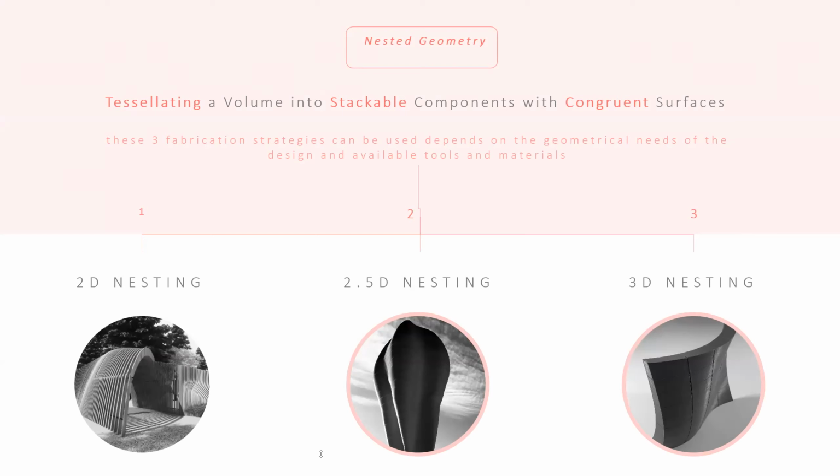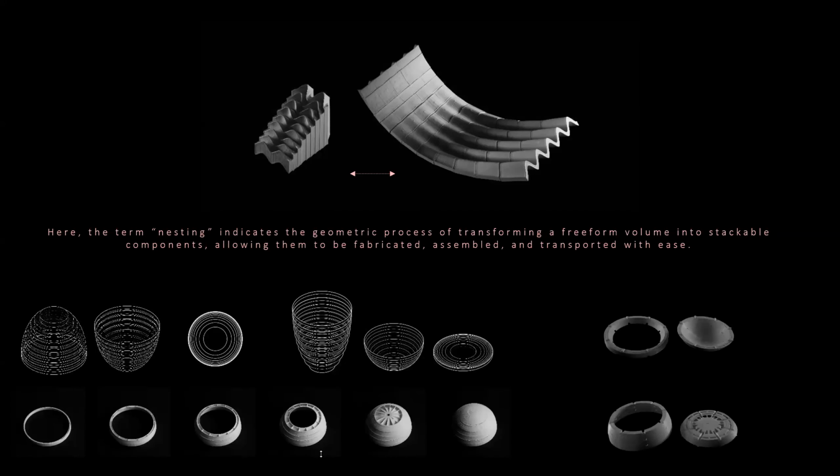The reason that I'm sharing this is that when you have new tools, or a new way of working with new tools, you can generate a new way of thinking for your design process. So 2D nesting, or the whole idea of nesting, is how we break the overall geometry into smaller components, elements that nest inside each other.